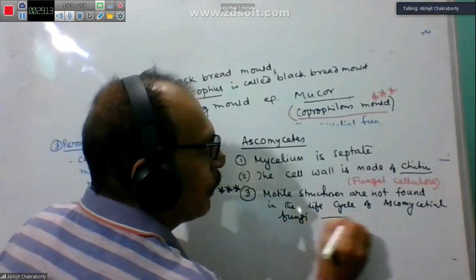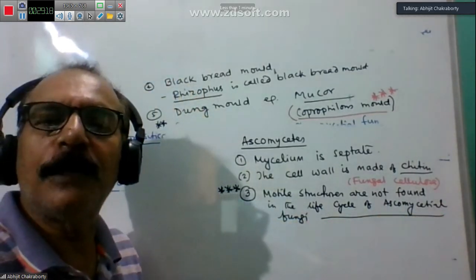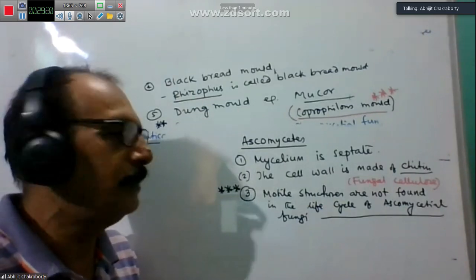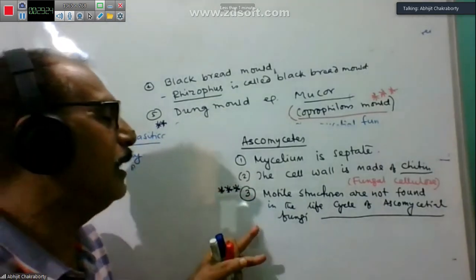The most important thing, we get some motile structure in case of Phytophthora infestans, which are called zoospores. I discussed it. So mycelium is septate, cell wall is made of chitin, motile structures are not found.